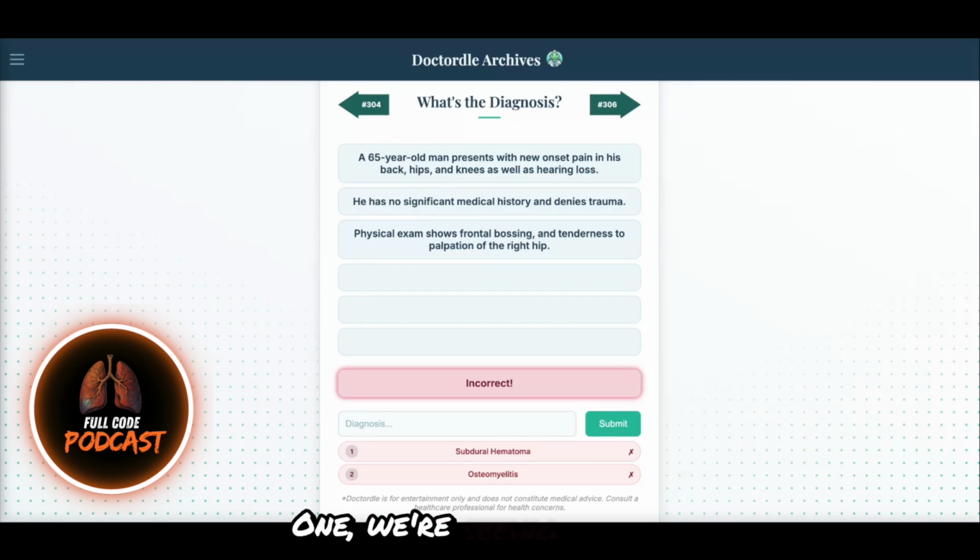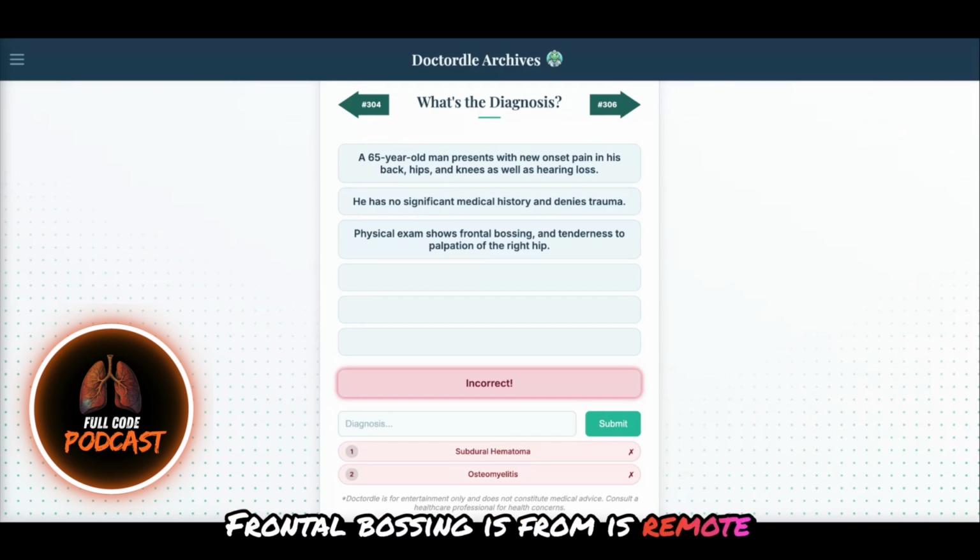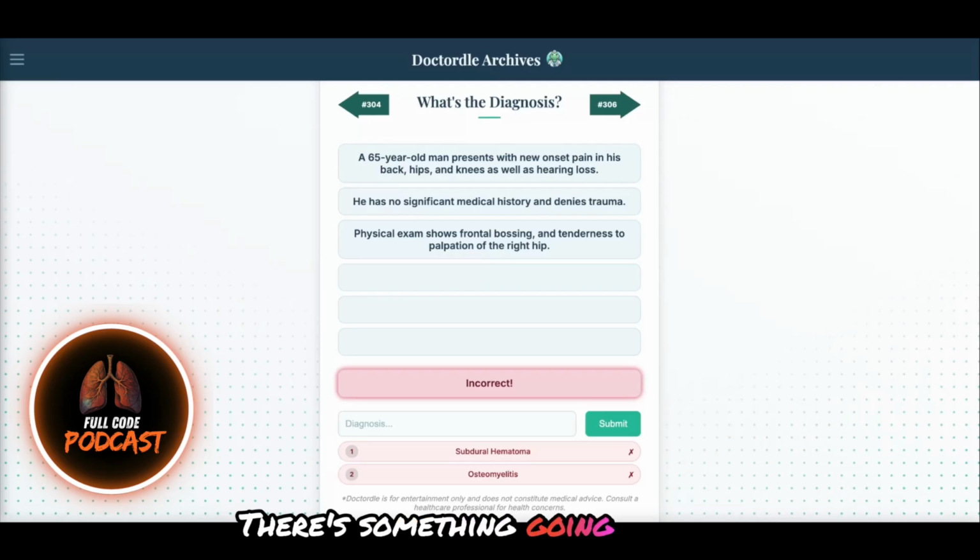One, we're seeing frontal bossing. Frontal bossing is remodeling of the bone. There's something going on that is chewing it away and it's reforming itself. This is further bolstered by the fact that this patient is experiencing musculoskeletal pain and has focal tenderness in the right hip, which concerns me that there's a potentially pathological injury underlying that.